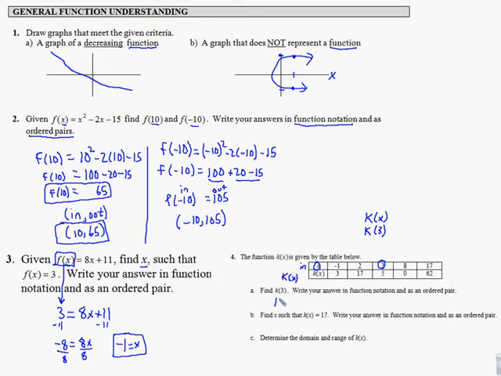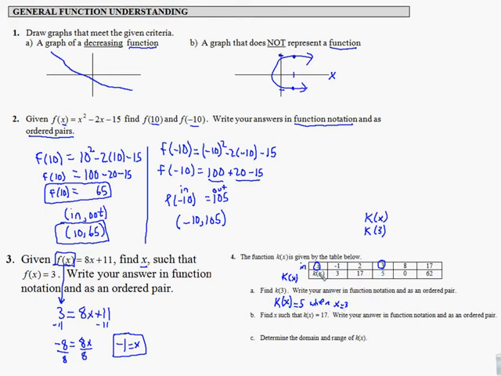So this would be written one of two ways. K of x, the output, is equal to 5, and when does that happen? It's equal to 5 only when x is 3, and then of course we've adopted this notation that says we can shorten that.